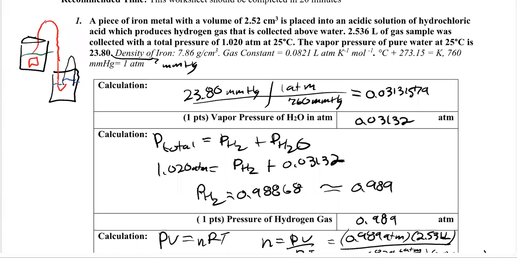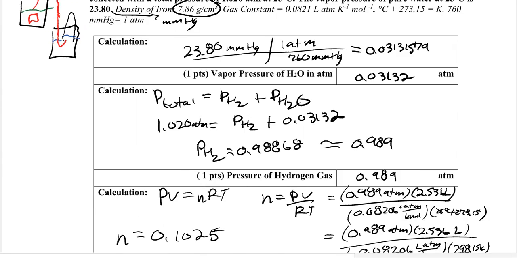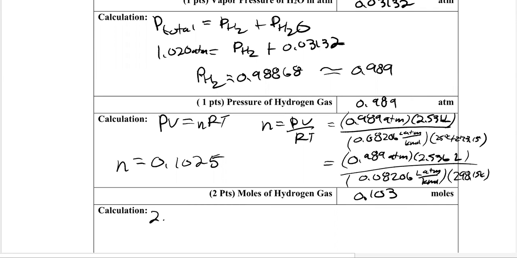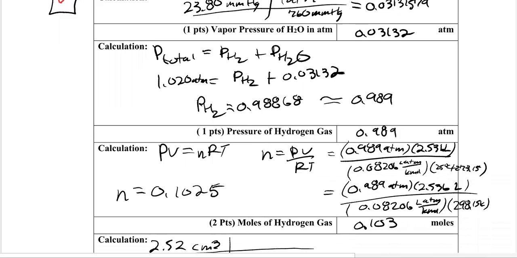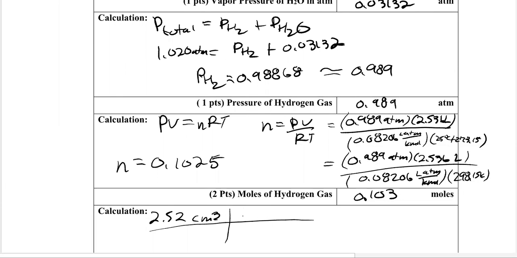We know that it's 2.52 cubic centimeters, and we do know the density of it. So we take our 2.52 cubic centimeters and multiply it by the density of 7.86 grams per 1 cubic centimeter. That's going to give us the grams of our iron.